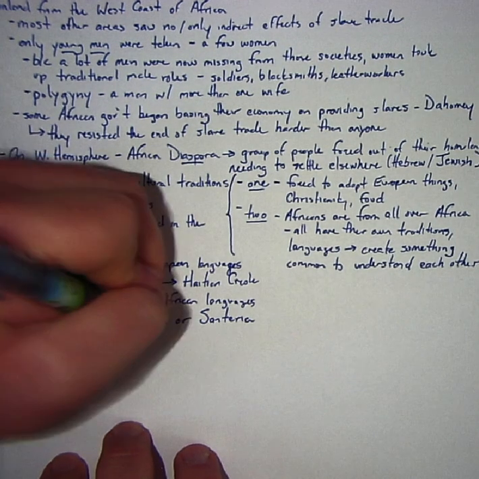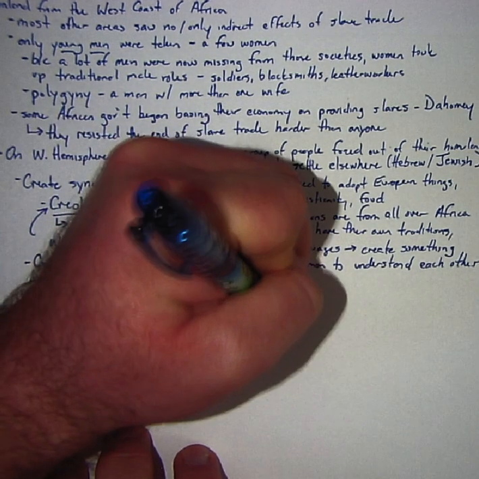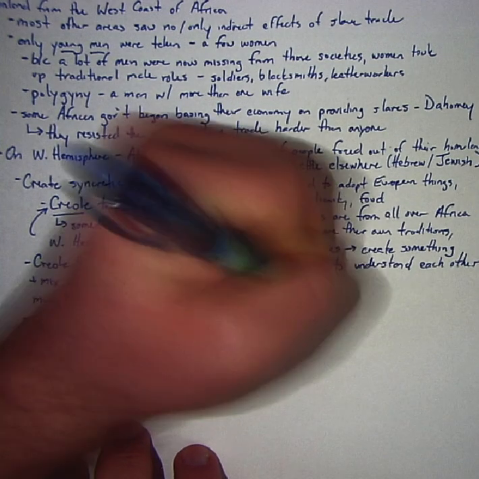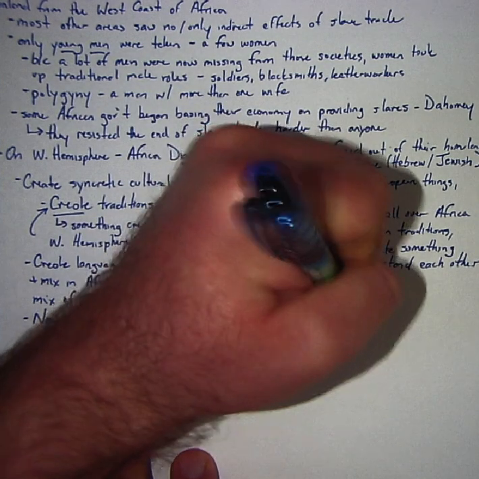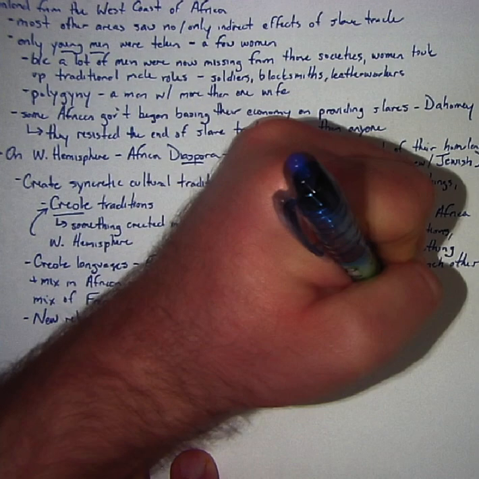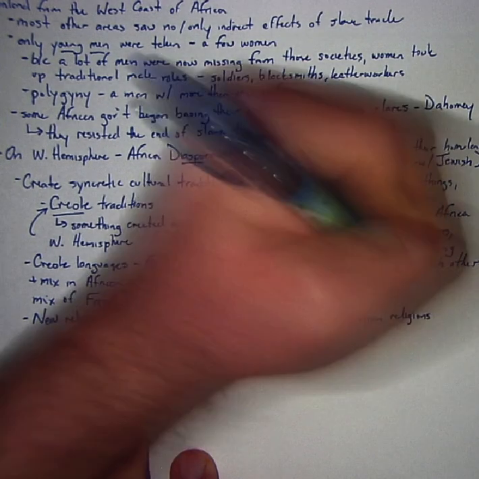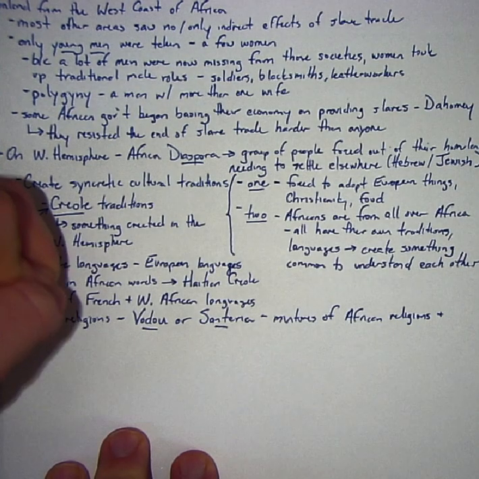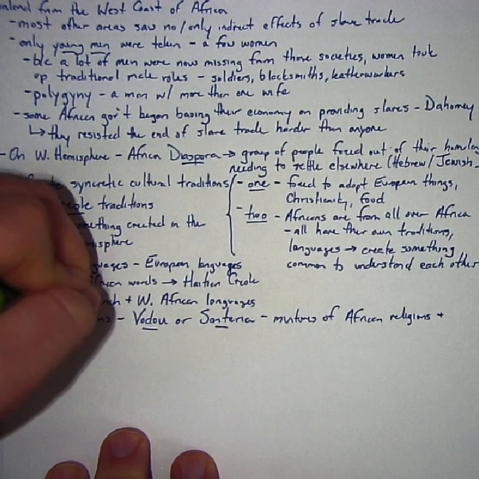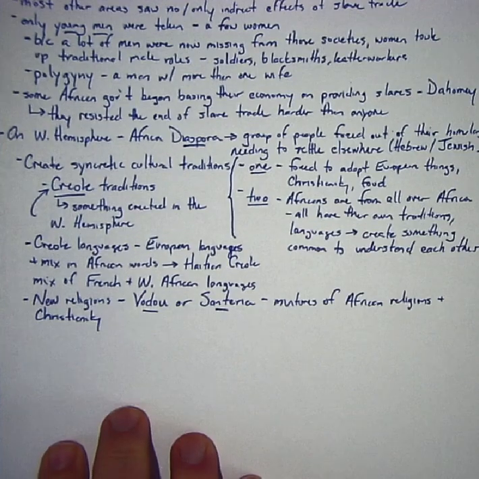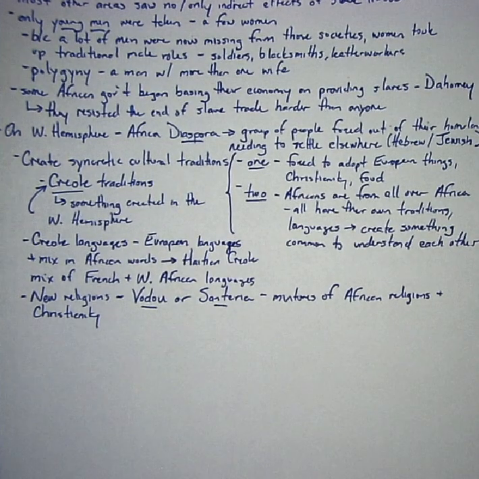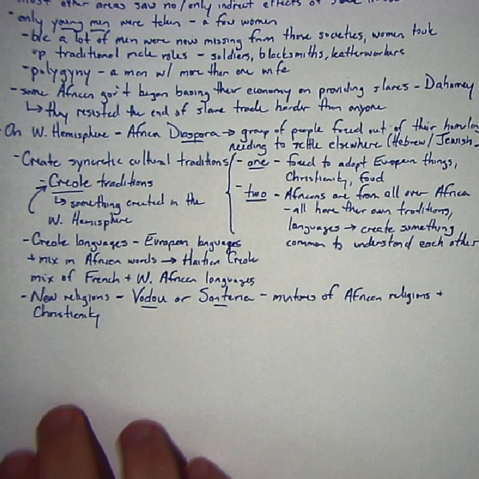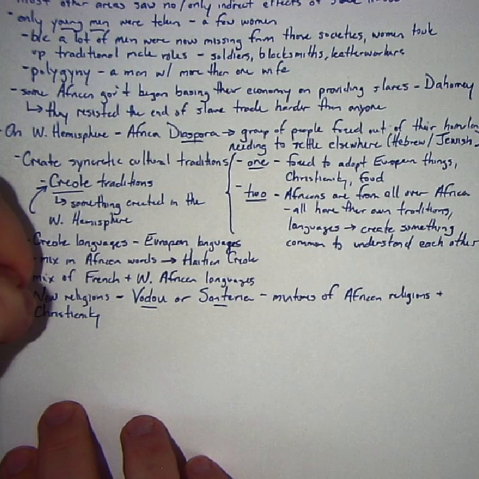So voodoo or Santeria are mixtures of African religions and Christianity. We could see the same thing if we look at music.